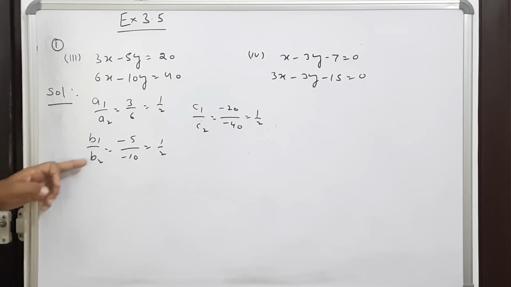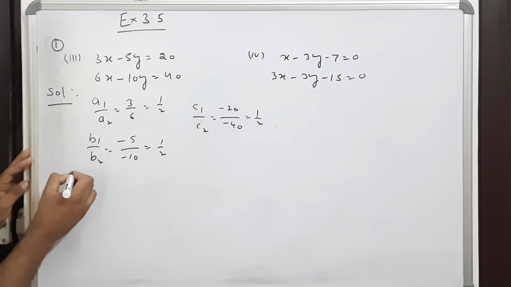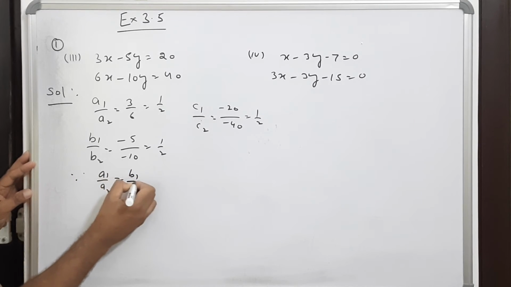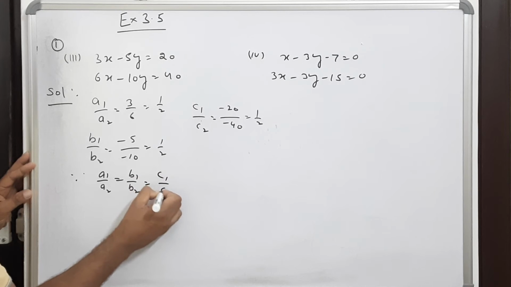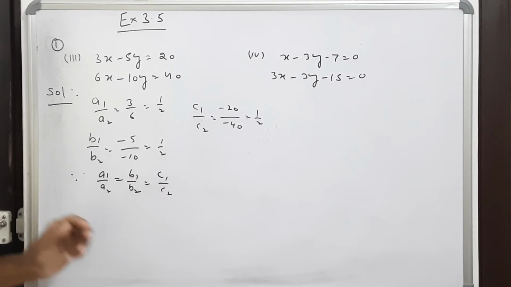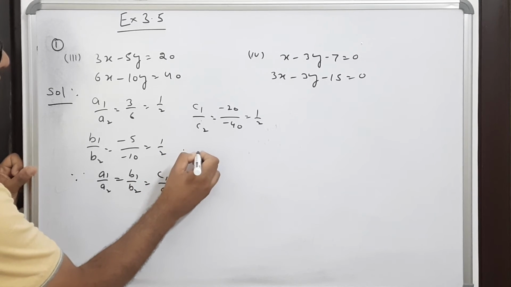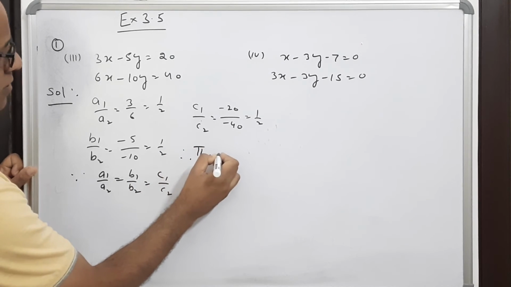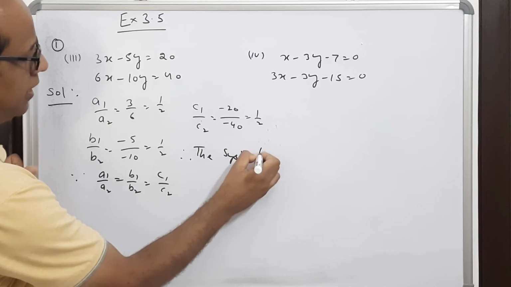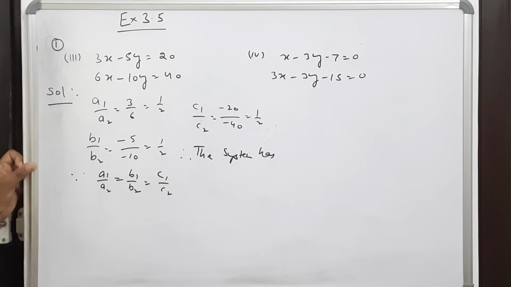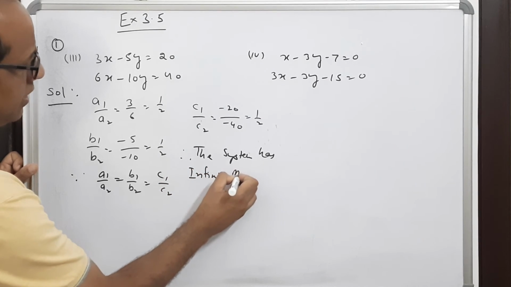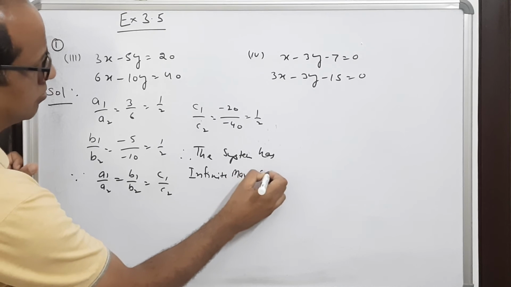Now what you have seen here is that A1 upon A2 is equal to B1 upon B2 equal to C1 upon C2, because all these three are equal. Therefore, the system has which type of solution? It is infinitely many solutions.